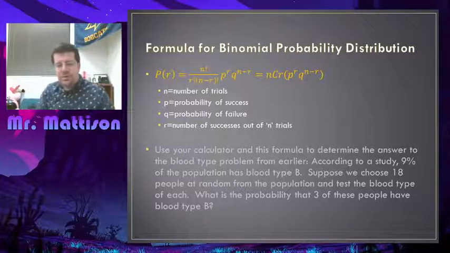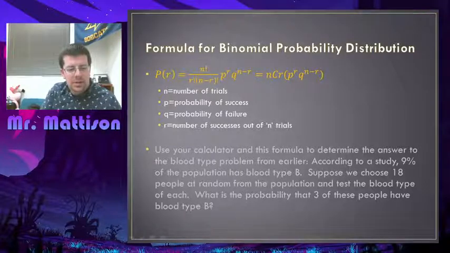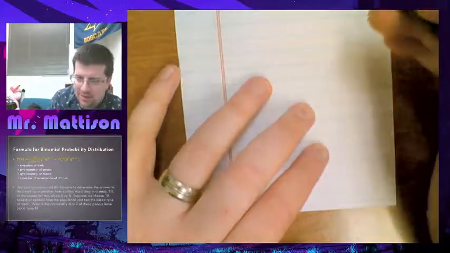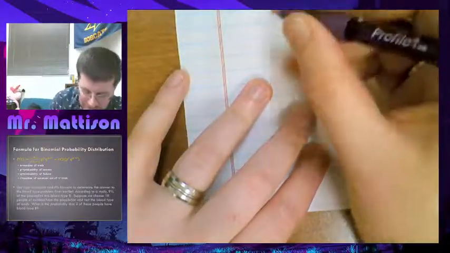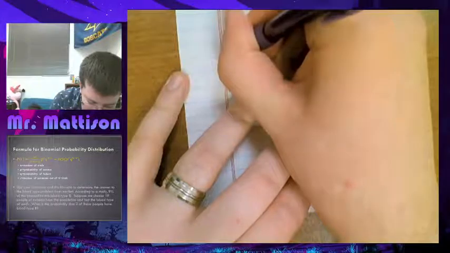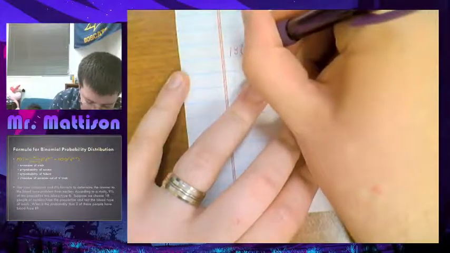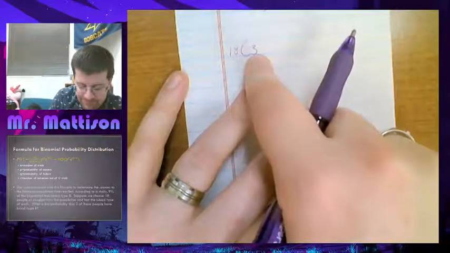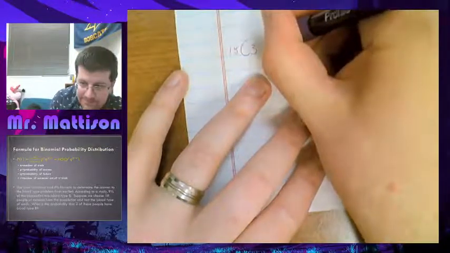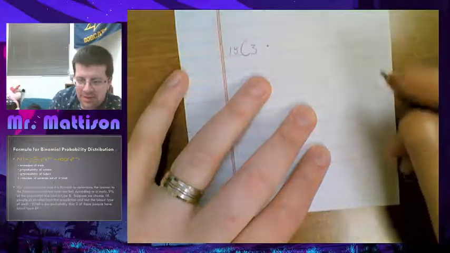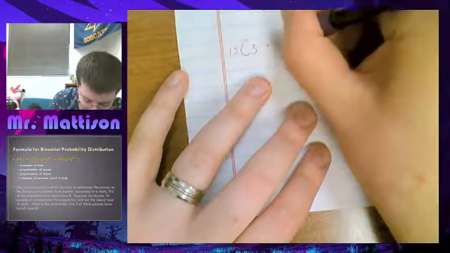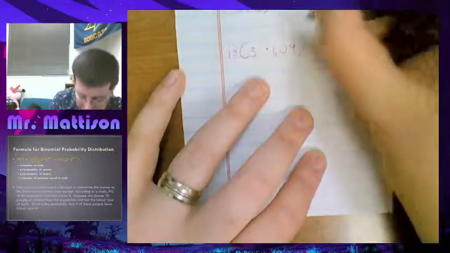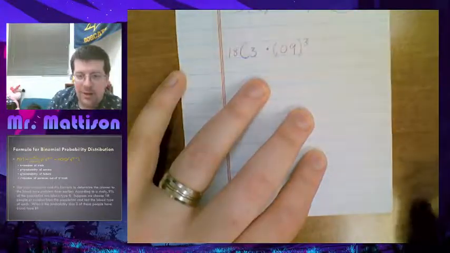So if I go to some paper and try to do this out, my n is 18, so that's 18 combination 3, my nCr, times my probability of success, 0.09, which I need to happen 3 times, so that's raised to the 3rd power.